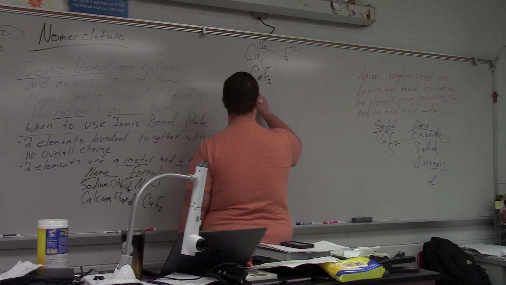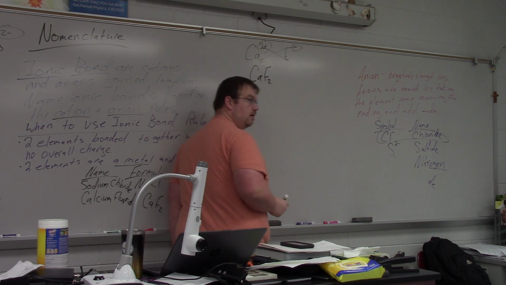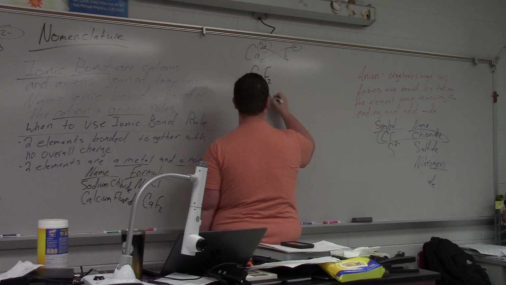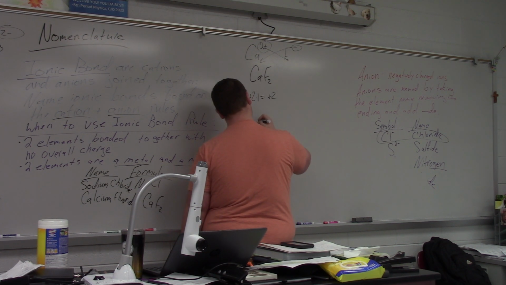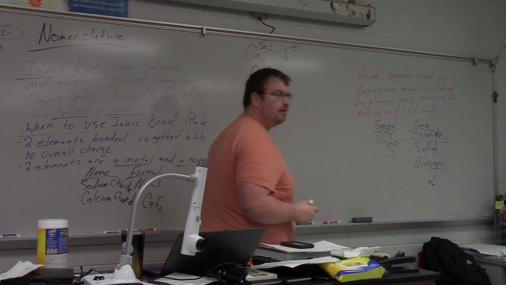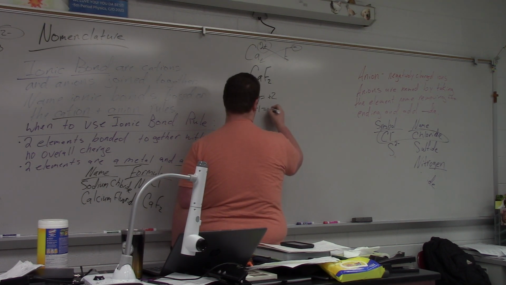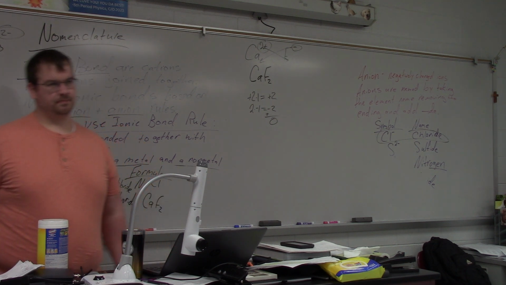So +2 times how many calciums are there? 1. +2 times 1 is 2. +2. Fluorine has how many? 2. What's the charge on the fluoride? -1. And they cancel out. 2 times -1 is -2. Add that together, you get 0. That's why there's no charge being shown.